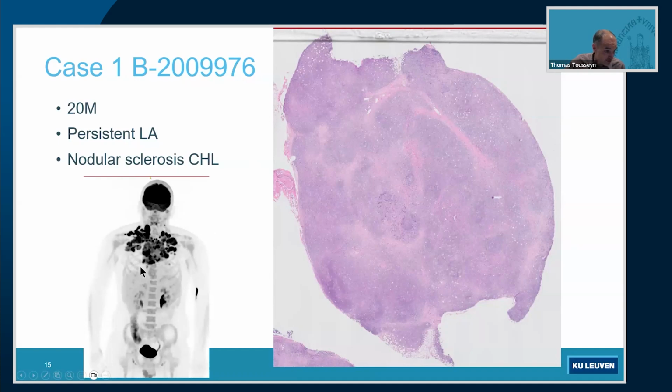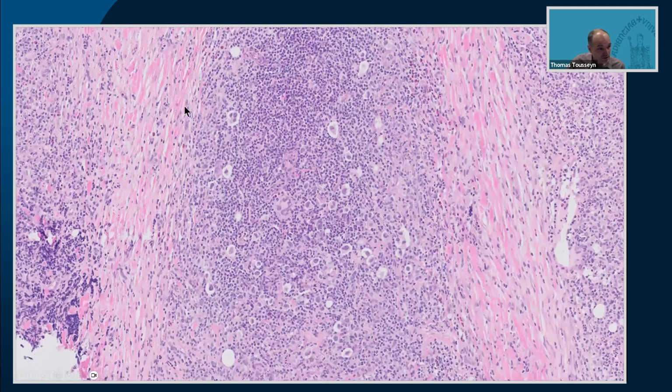mediastinal and cervical lymph node involvement, very prominent, and on the low power, because it is in fact already a low power diagnosis, nodular sclerotic involvement of these lymph nodules that are being formed centrally in the nodules. You have these large atypical cells with some lacunar aspect, some eosinophils in between.